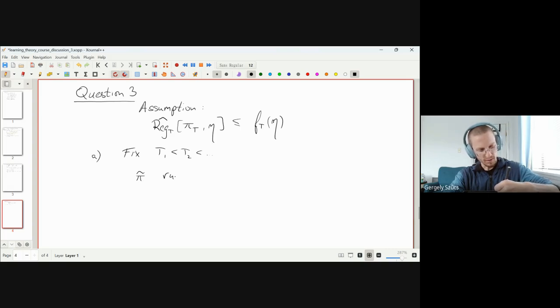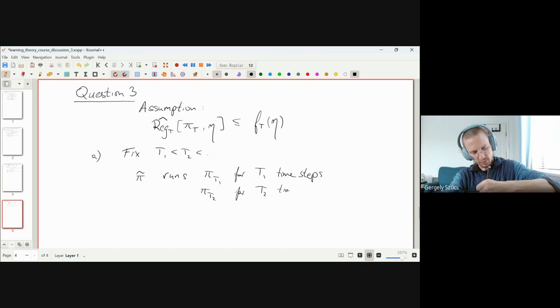And we define pi tilde, on a high level, as running pi t1 for t1 time steps, and pi t2 for t2, and so on, and each of these starts with a blank slate, erasing the history before.